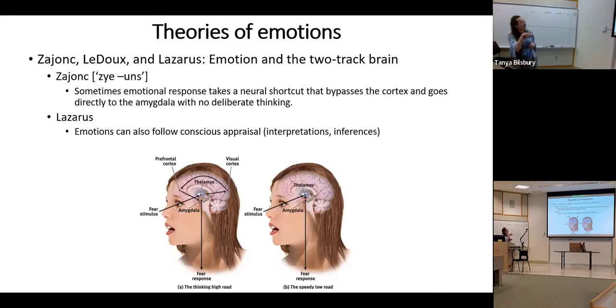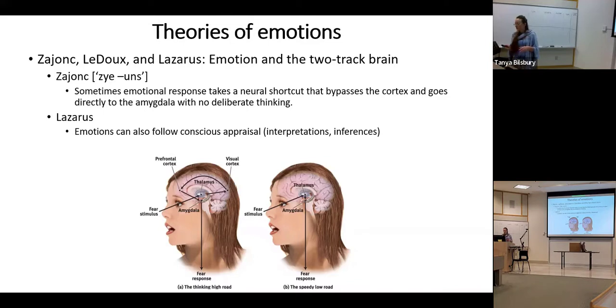And then there's maybe a high road. So you see the dog and it goes to your thalamus, but then your thalamus can send that to your cortex, to your wizard brain instead of your lizard brain. And then maybe you'll have a slightly slower, but perhaps more adaptive response.